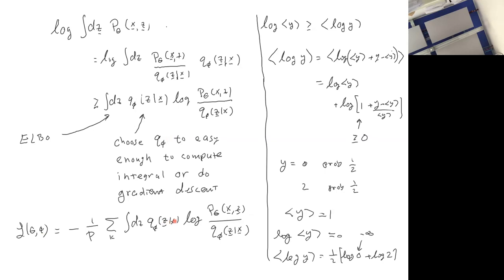It's mapping from x to z, and then p theta of x given z is a recognition model. So this actually kind of works. In fact, this is called variational inference.